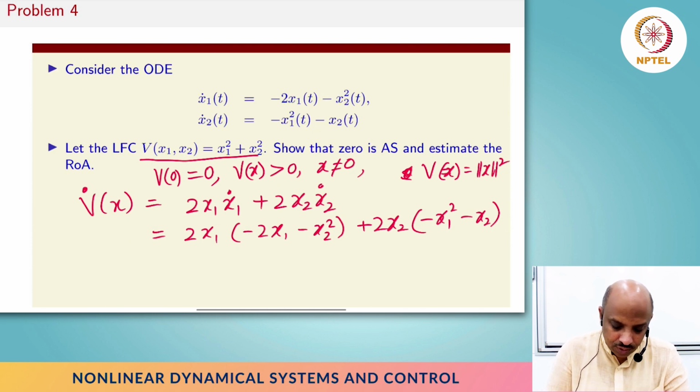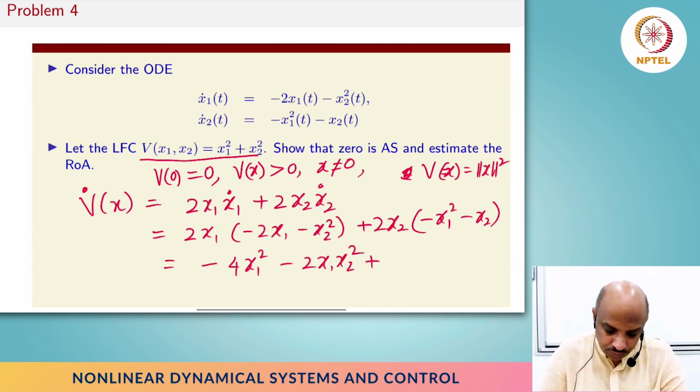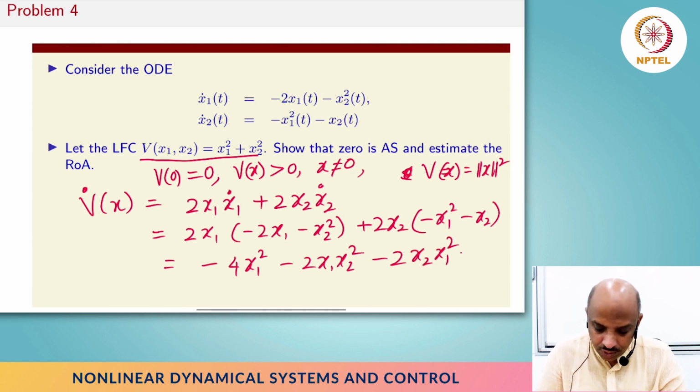Okay. So I'm going to get minus 4x1 square minus 2x1 x2 square plus minus 2x2 x1 square minus 2x2 square.